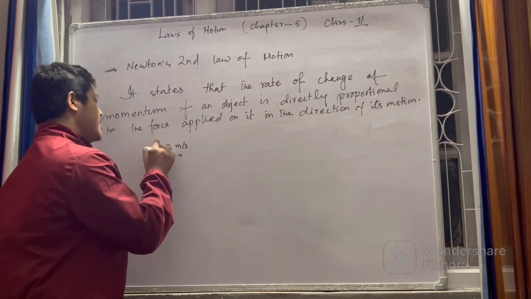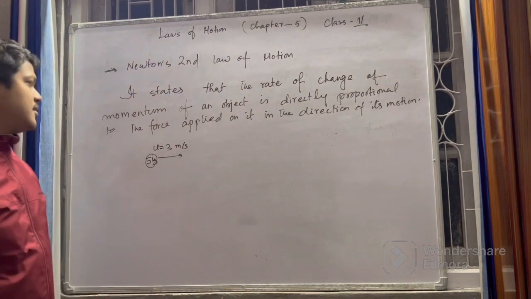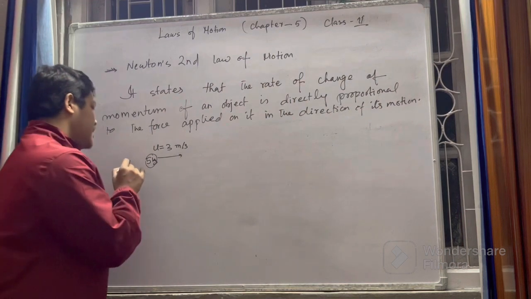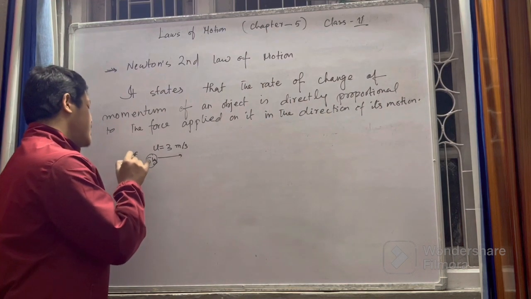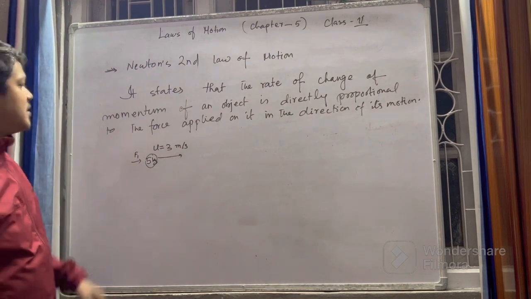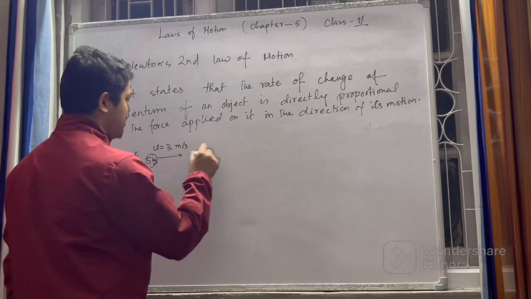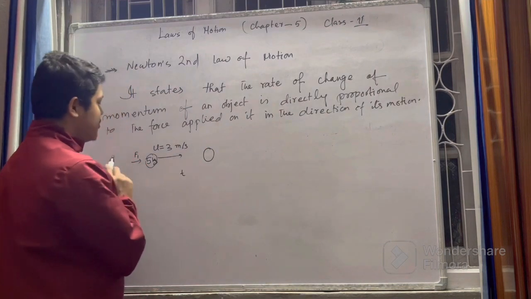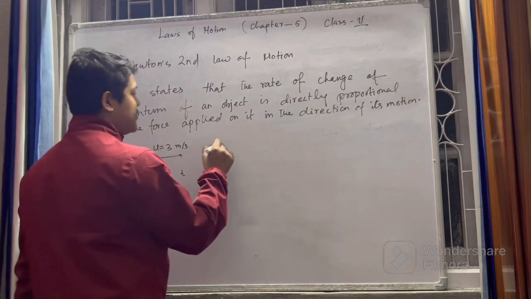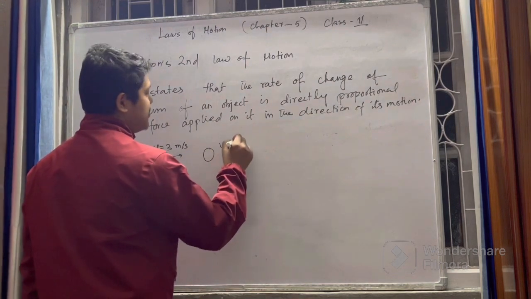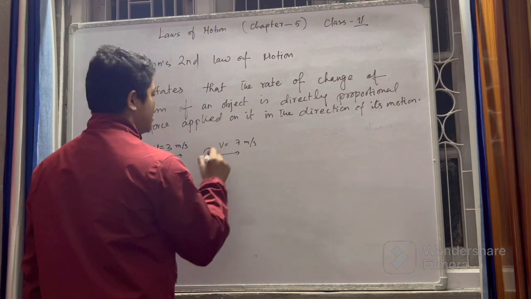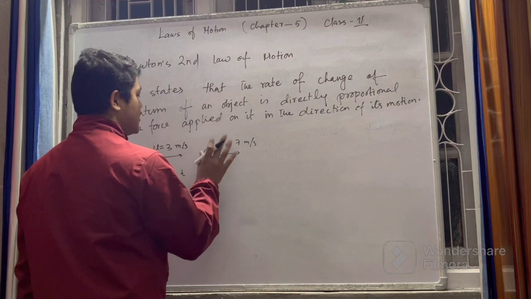This is its initial velocity u. It is moving with uniform velocity u, and a force F1 is applied on it. This force acts on it for a time interval t, and its final velocity v becomes 7 meter per second, right?